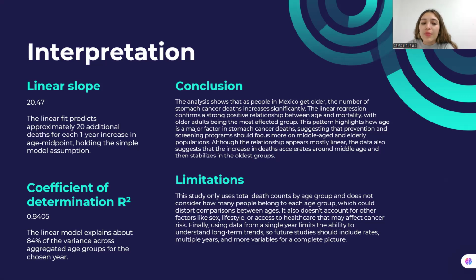As a conclusion, the analysis shows that as people in Mexico get older, the number of stomach cancer deaths increases significantly. The linear regression confirms a strong positive relationship between age and mortality, with older adults being the most affected group. This pattern highlights how age is a major factor in stomach cancer deaths, suggesting that prevention and screening programs should focus more on middle age.